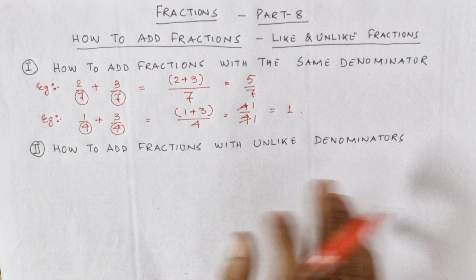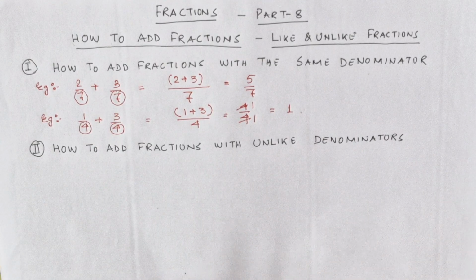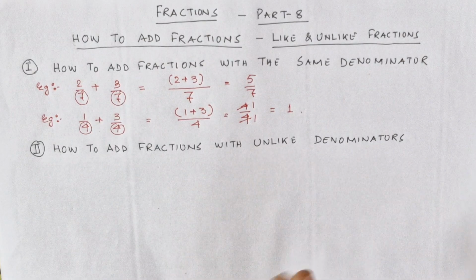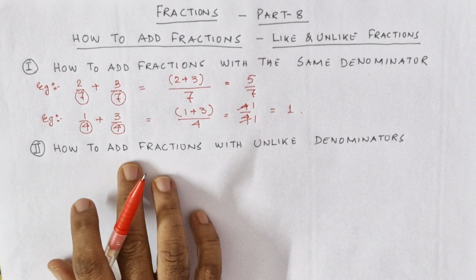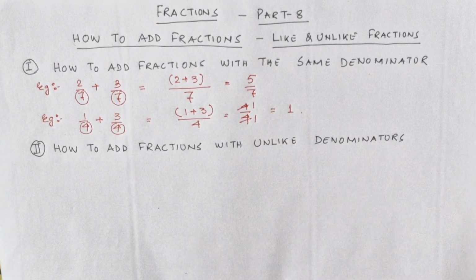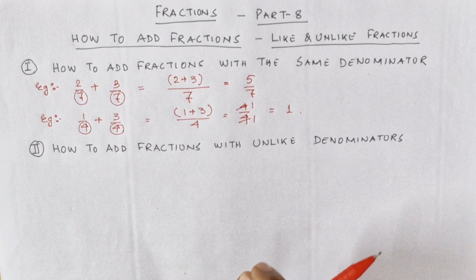If the denominators are not the same, we have seen that these are unlike fractions, right? Whenever we see unlike fractions, what we did, we converted them into like fractions. So whenever you start adding fractions with unlike denominators, the first step would be to convert them into like fractions, that is, convert them into common denominators.